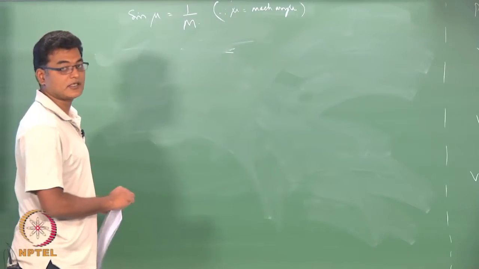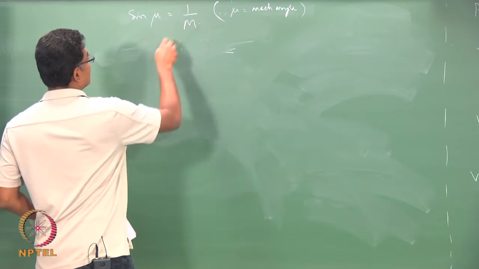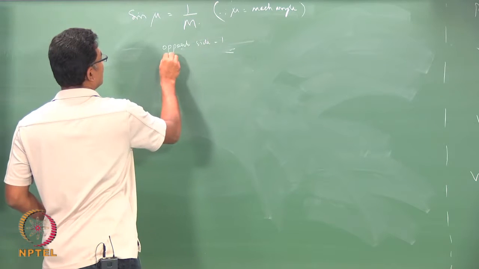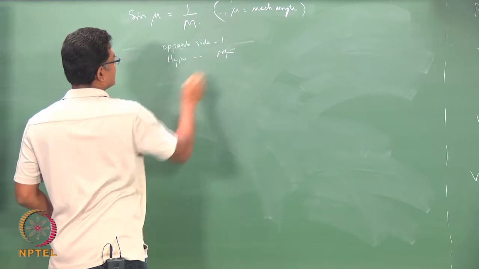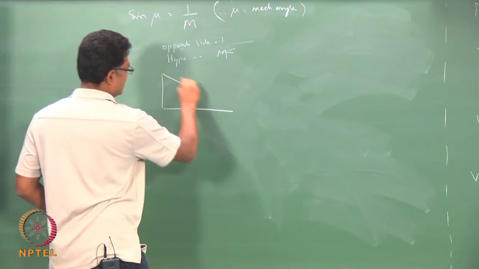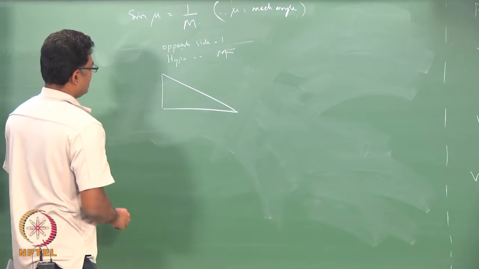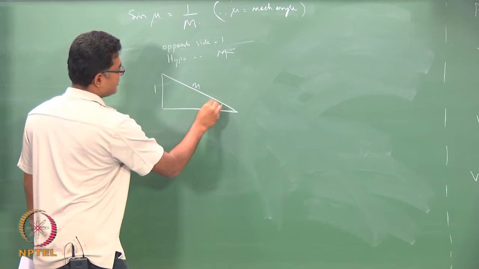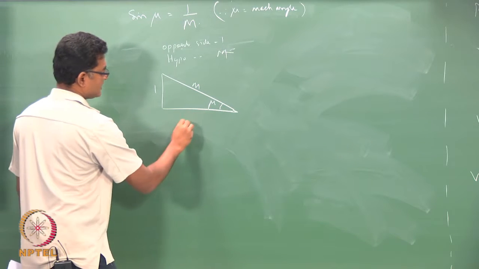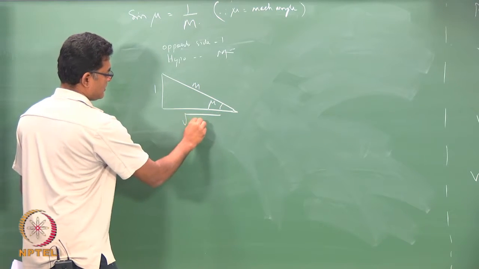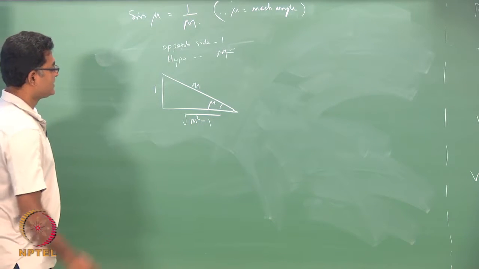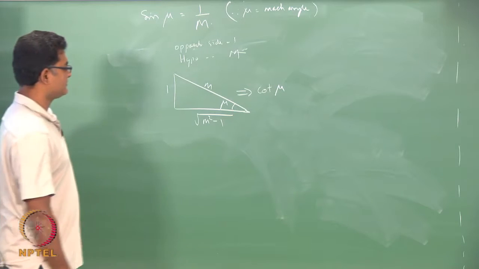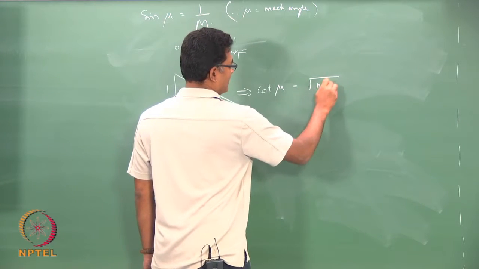So, I can write sin mu equals 1 by M, which essentially means your opposite side is 1 and your hypotenuse is M. So, if I draw a triangle with hypotenuse M, opposite side 1, and this is my angle mu, this is root of M square minus 1, which essentially means my cot mu is root of M square minus 1.